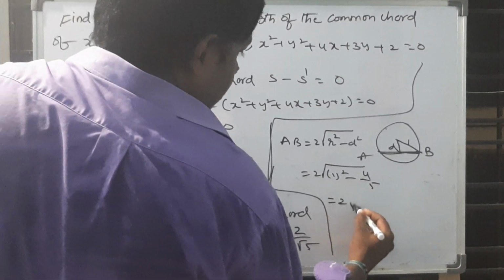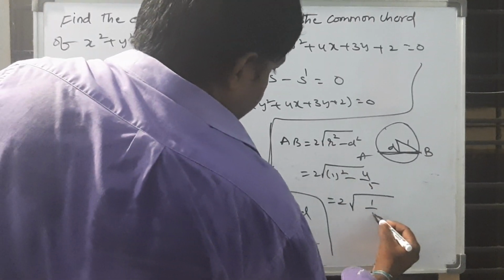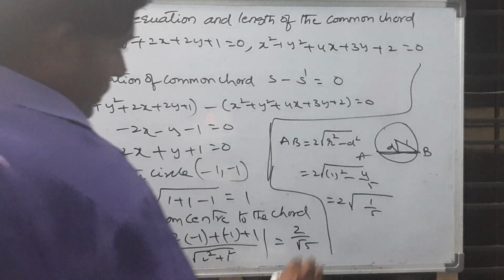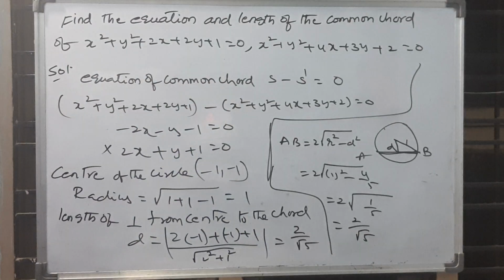That is equal to 2 into root of 5 minus 4 is 1 by 5. So the length of the chord is nothing but 2 by root 5.